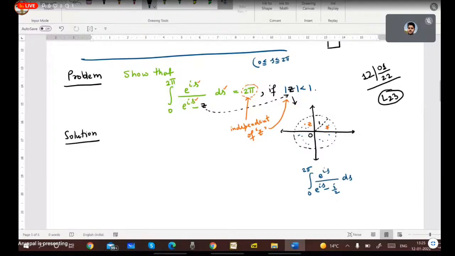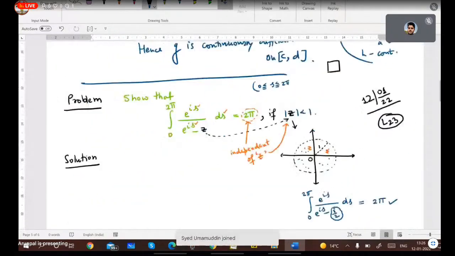So you are to locate only whether this given point is inside the unit disk or not. As you can clearly see, it is inside the unit disk, right? So the value of the integral will be 2 pi. Is this okay, class? Yes, sir. So there should be no confusion.